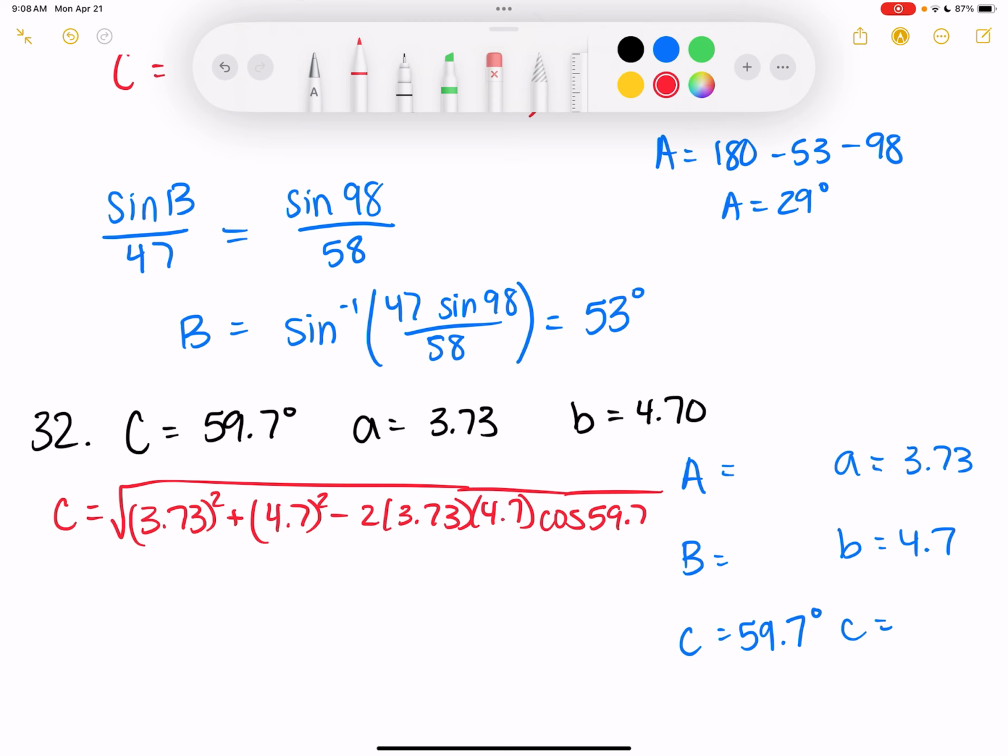So then type this all in. And I get a side C of 4 point, not 4 point, we're just going to call it 4.